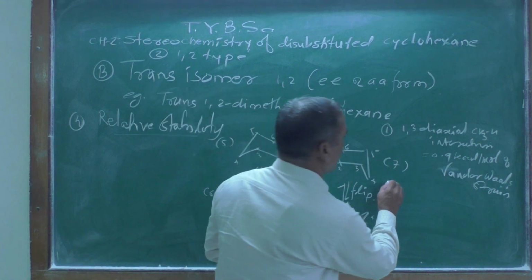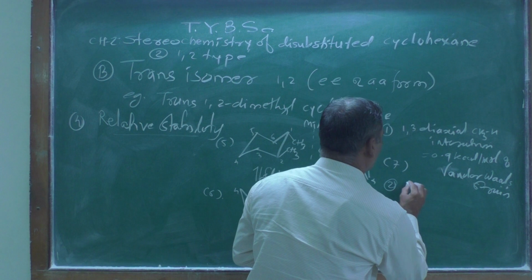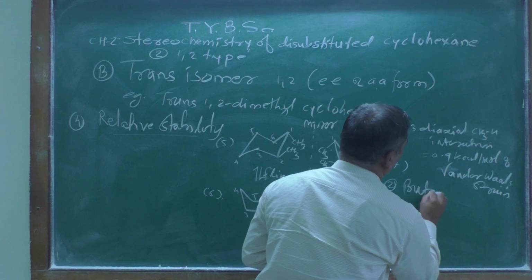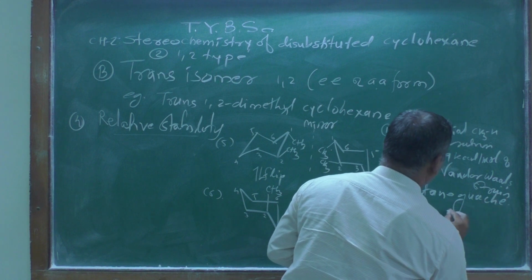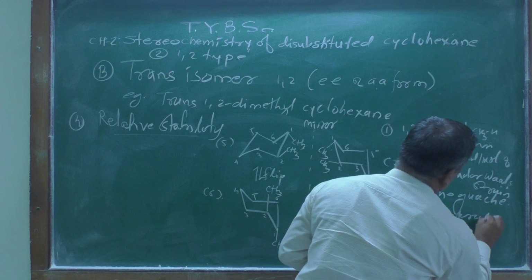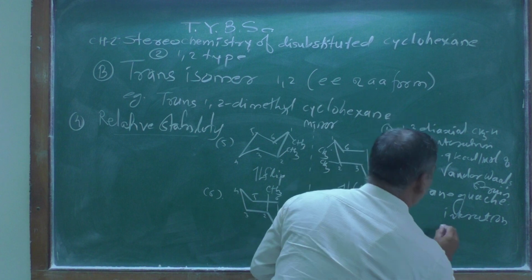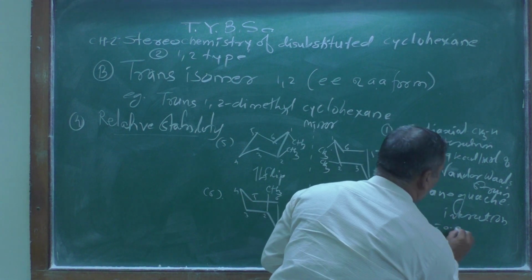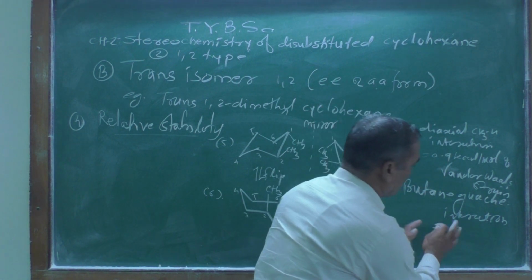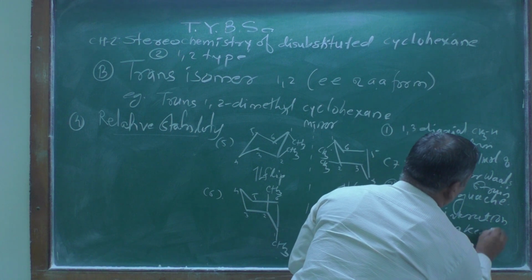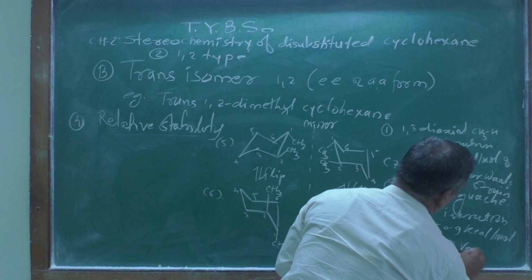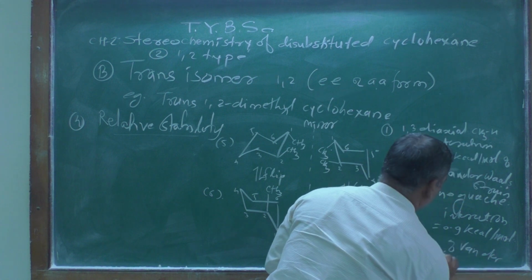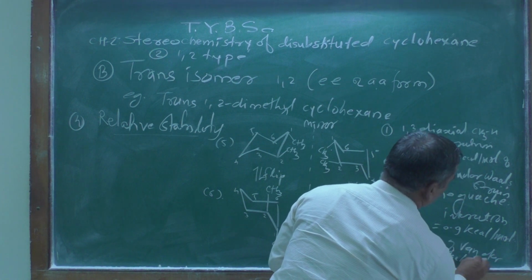And the second point you must remember is the butane-gauche interaction, right? Butane-gauche interaction also shows 0.9, or it is associated with 0.9 kilocalorie per mole of van der Waals strain, right?